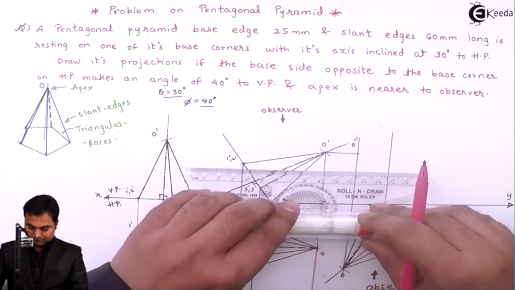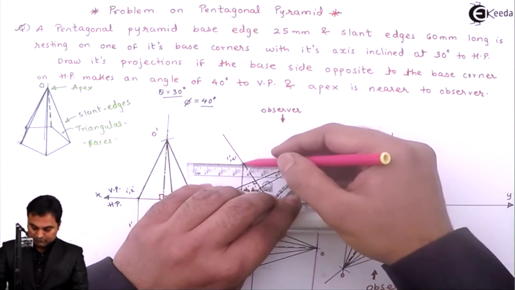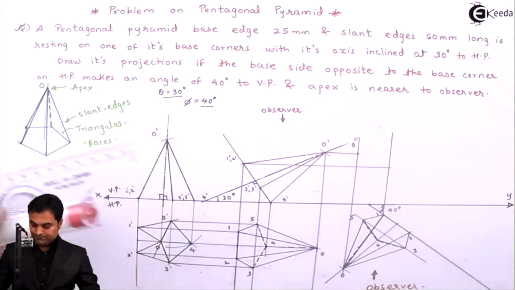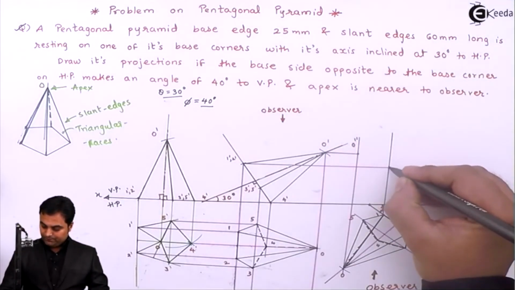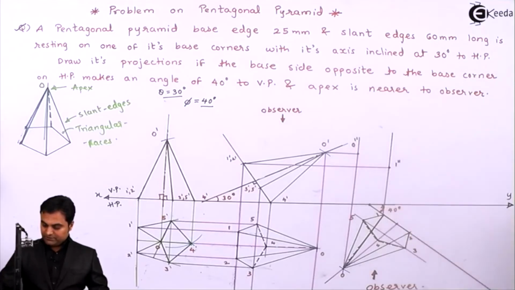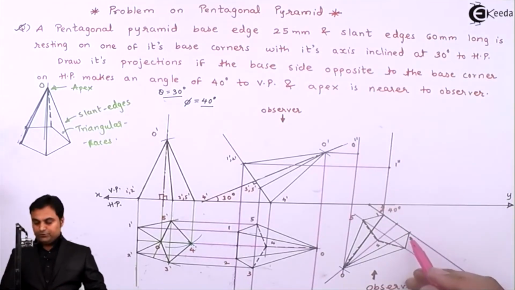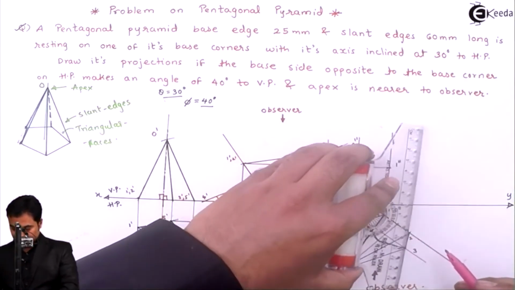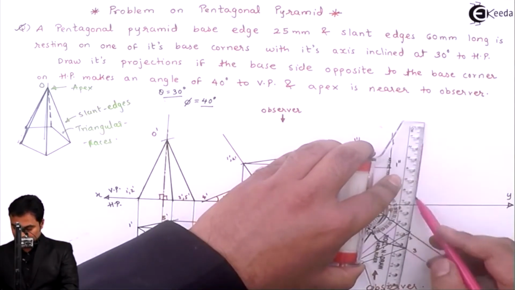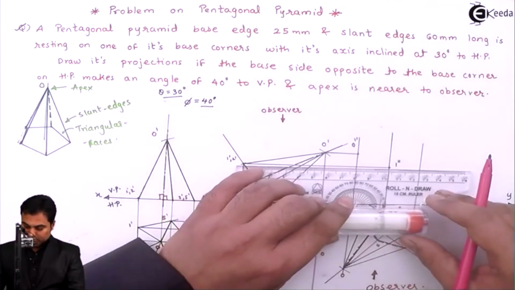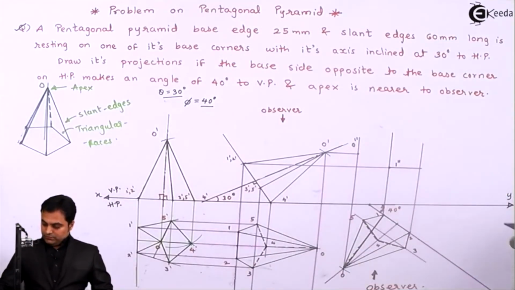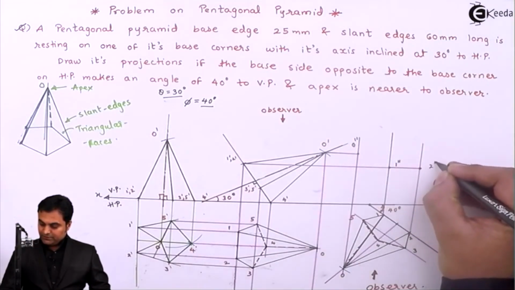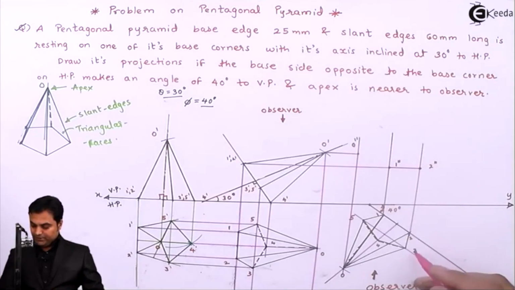Point 1 and here 1 dash. Wherever they intersect, I'll get point 1 double dash. Next, point 2, and 1 and 2 are at the same level. So here there is 2 double dash.